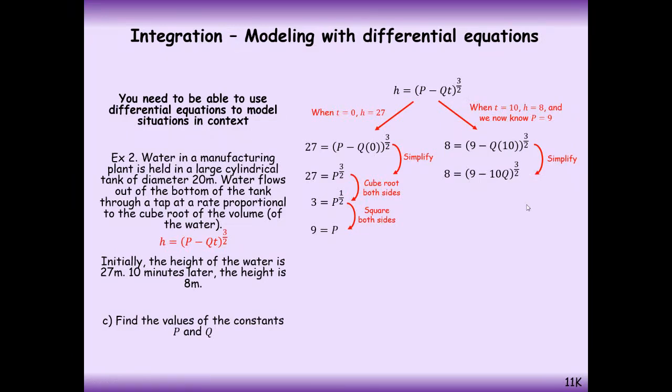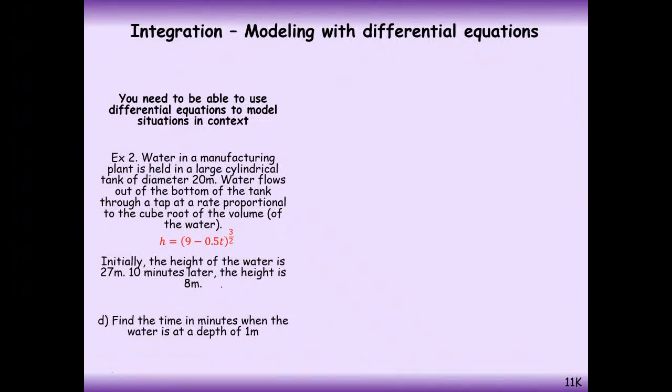Therefore, 4 equals 9 minus 10q, because 8 raised to the power of two-thirds is 4. Therefore, we can say 9 minus 4 equals 10q. q is therefore 5 over 10, which is simply a half. We found that the value of p was 9 and q was a half.